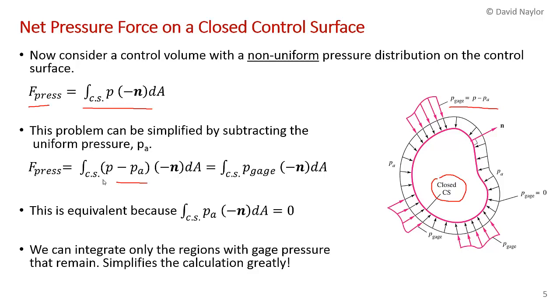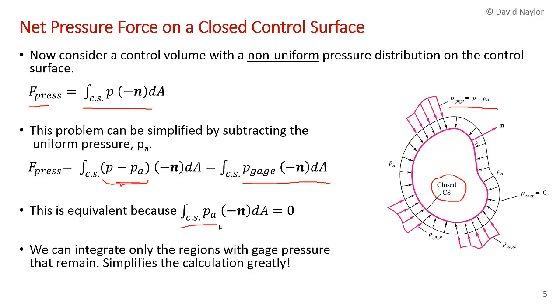Now remember from chapter 1 and chapter 2 that P minus PA is the gauge pressure. Remember that Bourdon gauge that we talked about? So this is gauge pressure, and so we can rewrite this as the integral of the gauge pressure over the area. This is equivalent because we've subtracted off the integral of that uniform pressure.